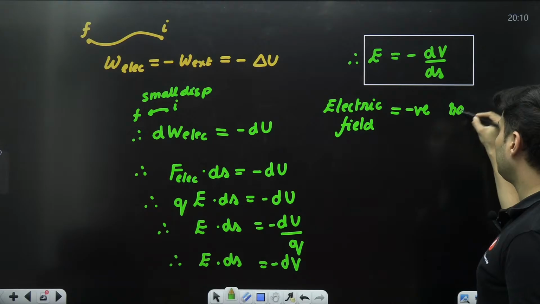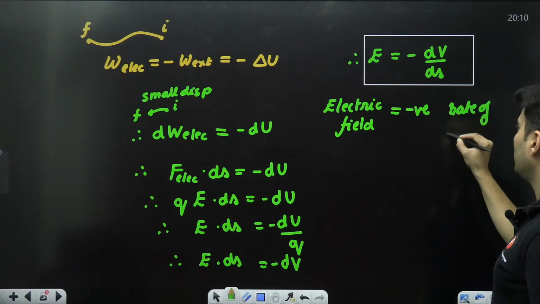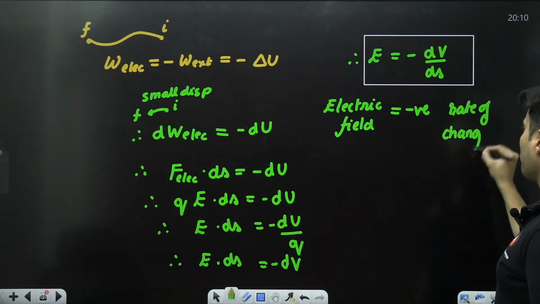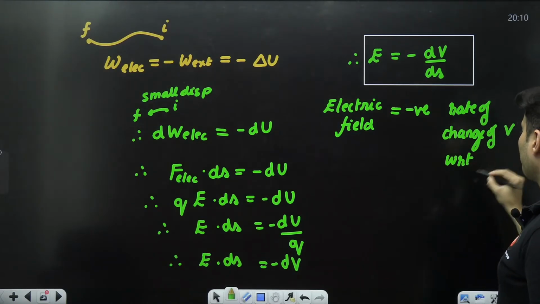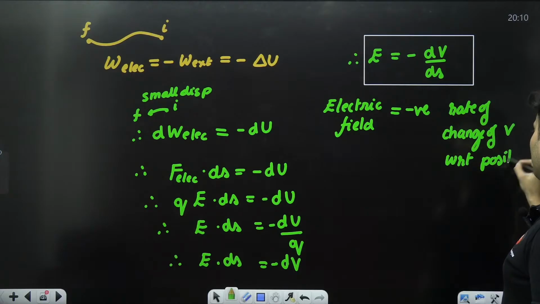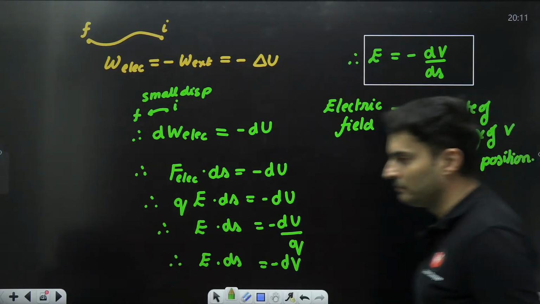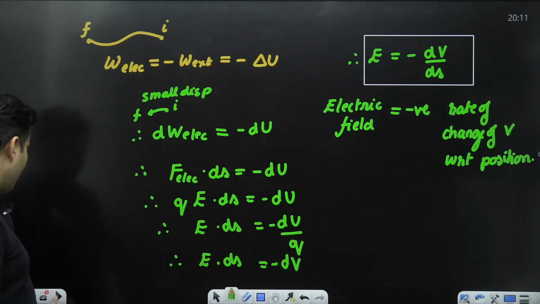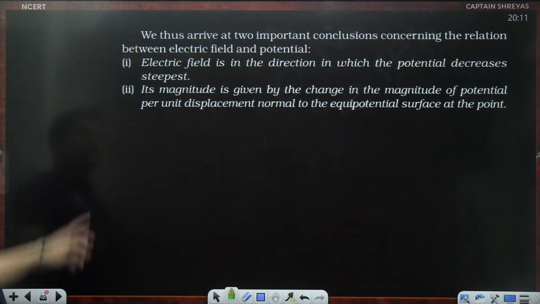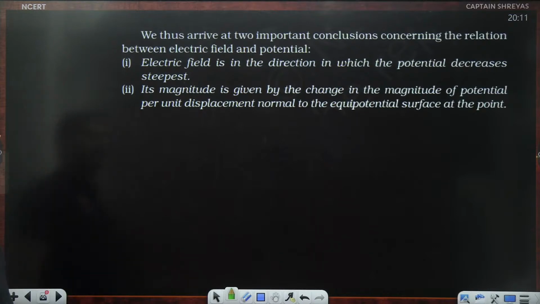The rate of change of potential with respect to your position or distance. That is the important takeaway. Very, very important. From this, we arrive at two important conclusions regarding the field and potential. Electric field is in the direction in which potential decreases. Its magnitude is given by the change of the magnitude of potential per unit displacement.